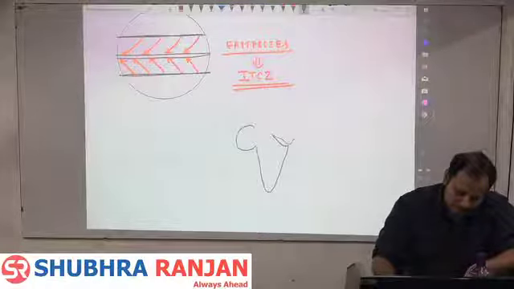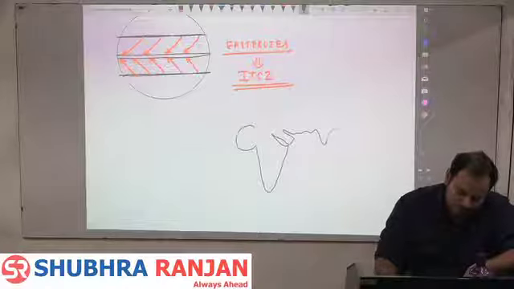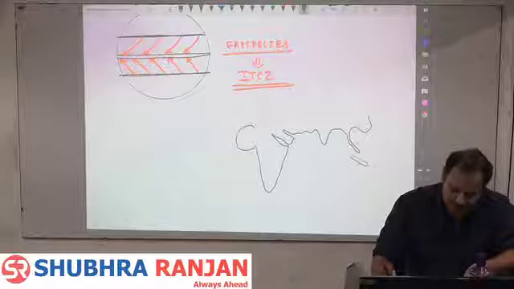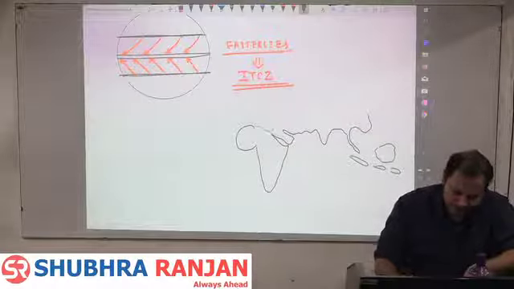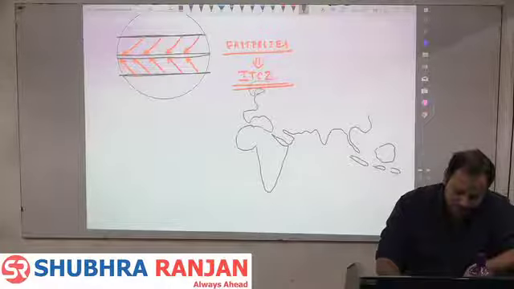ITCZ shifts with the position of the sun. ITCZ is over the Tropic of Cancer during the summer solstice, date 21st of June.